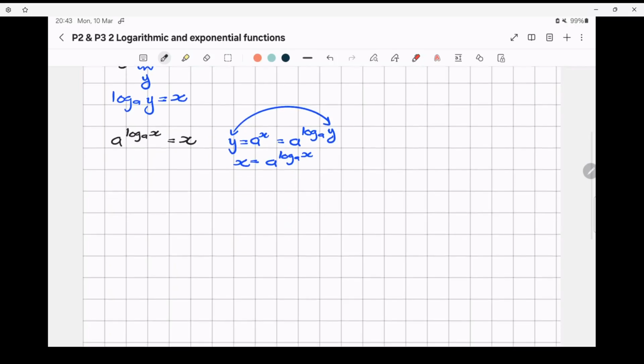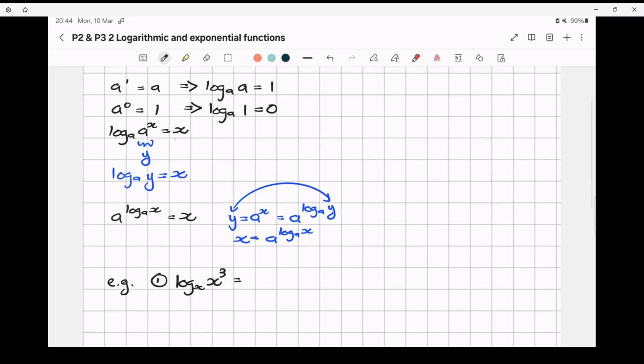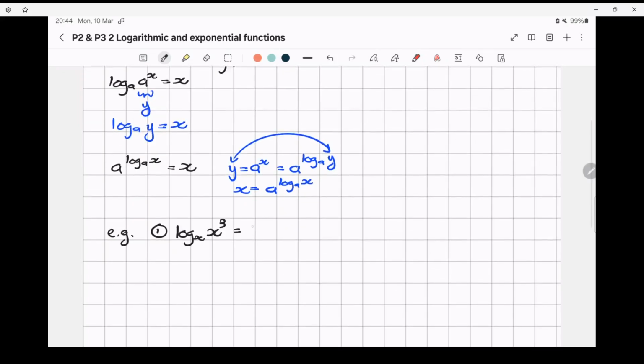Now let's look at some examples. If let's say you are given log base x of x to the power of 3, this is obviously using the third identity, and then the fourth identity, this will be 3 log base x of x, and this will be equal to 3.